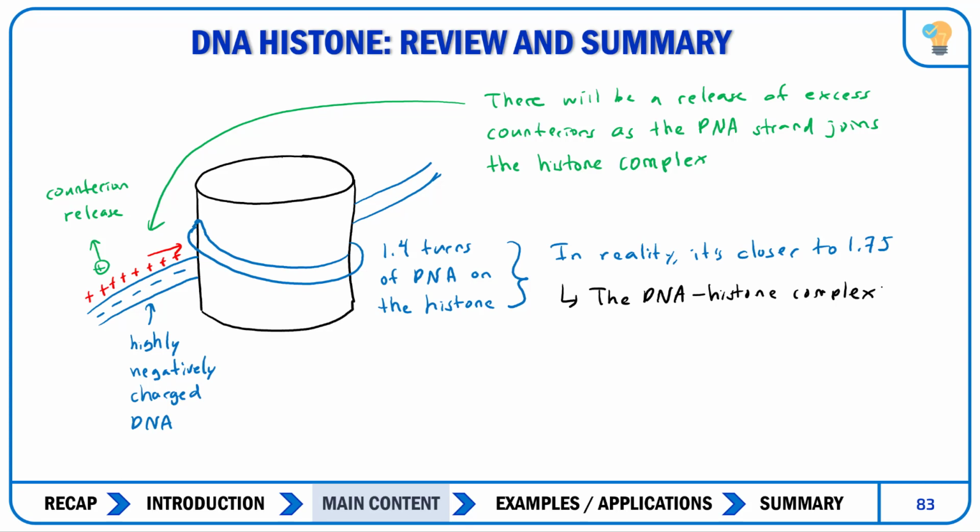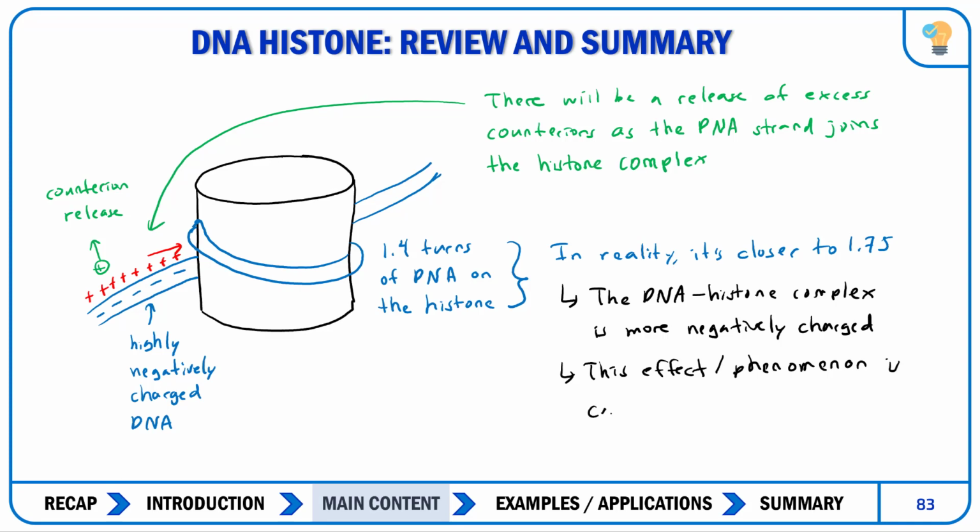So in real life, the DNA histone complex is more negatively charged as a whole. And this effect or phenomenon is called overcharging.